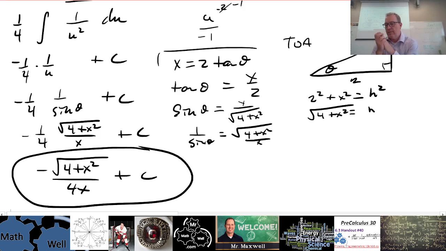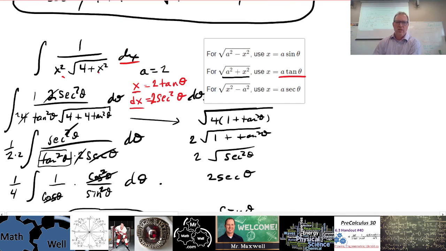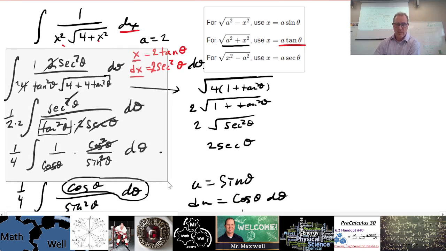So these are pretty off the beaten path kind of integration, right? We are kind of at that stage where we're past just looking on the chart for the integral of sine, that kind of thing. We have to start to go off path here a little bit. So some of the tips that I wanted to show you today were that, obviously, if you see any of this format, you know what your substitution is going to be. But once you do your substitution, you might have to do some simplification, like we did here.